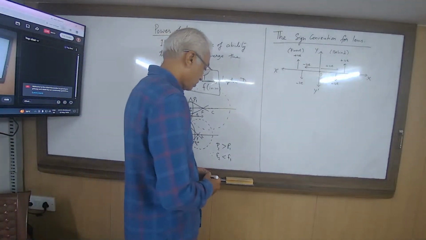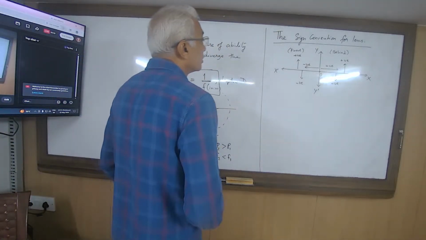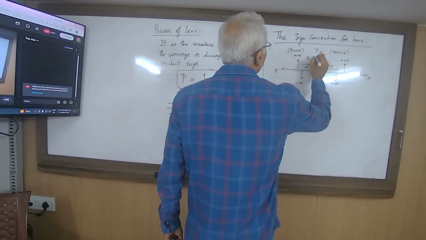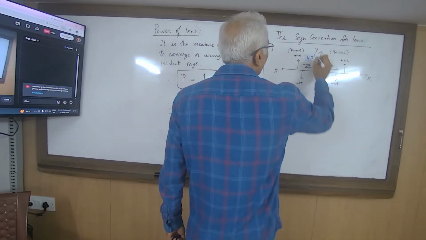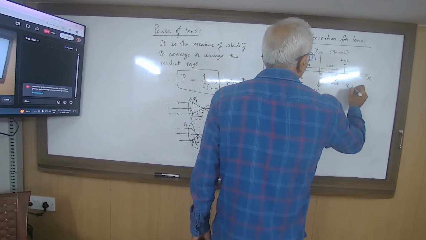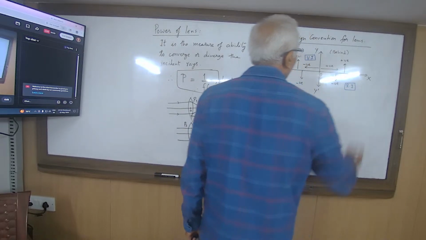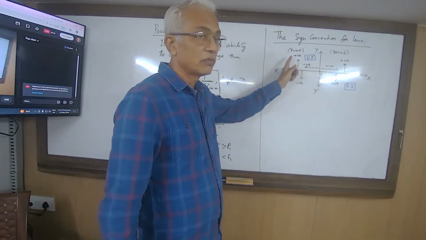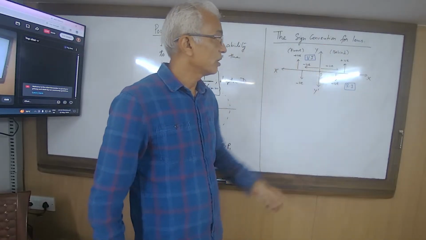ठीक है? So lens के case में virtual image is formed here and real image is formed here. The real image is always here, virtual image is always here in front and this is behind.